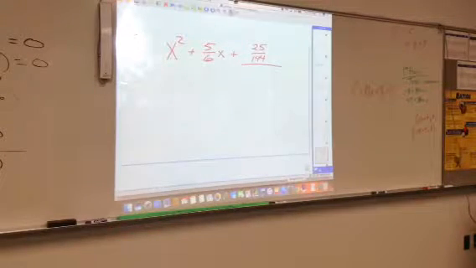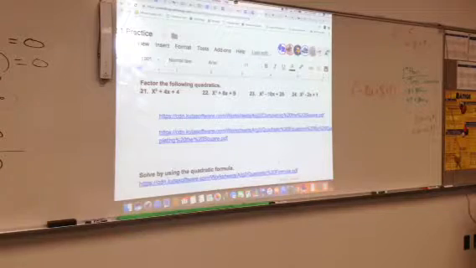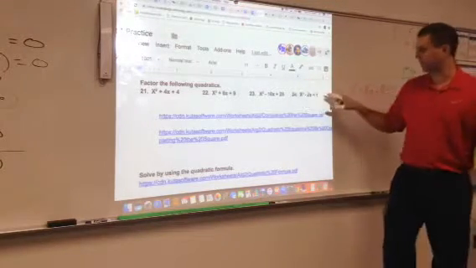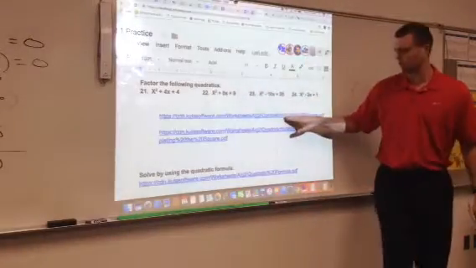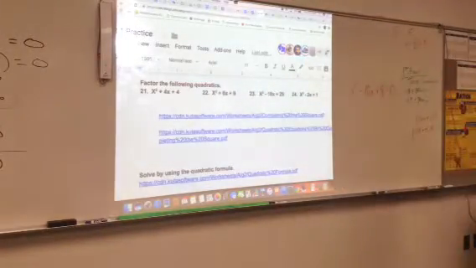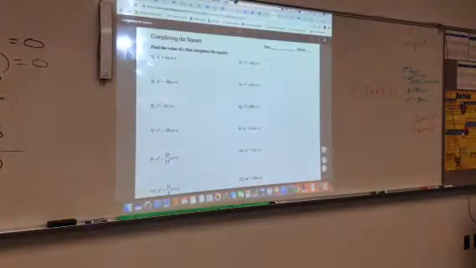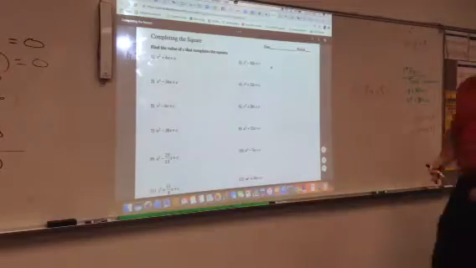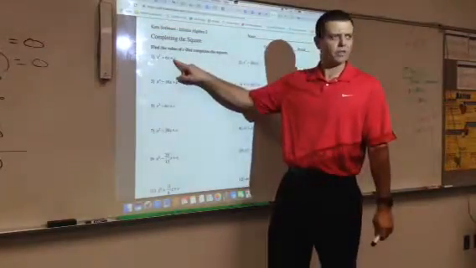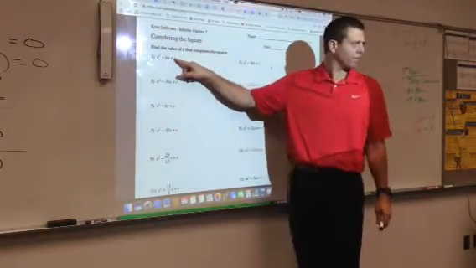I want to get really, really good at this. On our unit practice, right below these 4 problems is a link where all you have to do is figure out what this number needs to be to make it a perfect square.